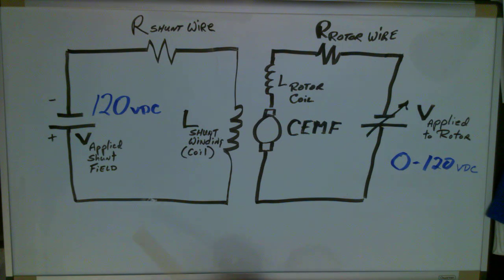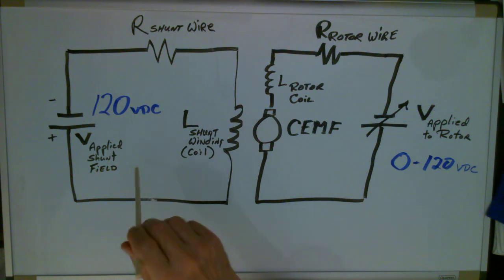Okay, so this is the shunt circuit right here. I've got a complete path for current flow. I show you the parameters of the components of the field circuit, which is this side right here.